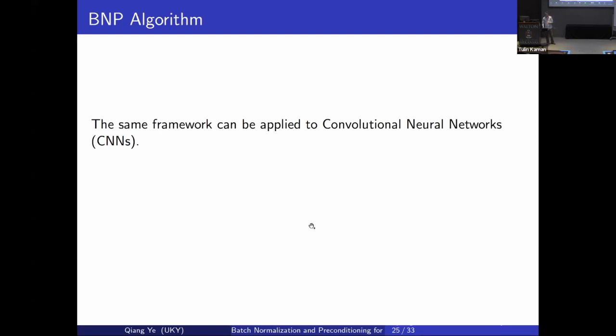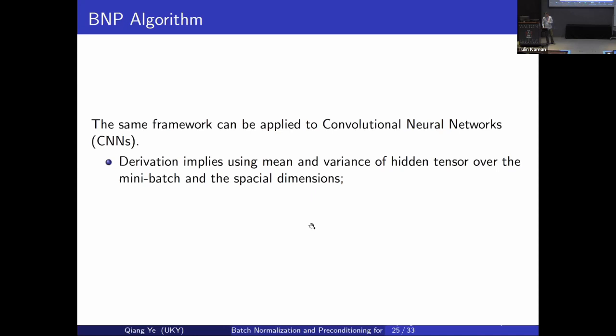This framework can be applied to other kinds of architectures, for example convolutional neural networks. If you apply this derivation, it turns out that the mean and variance need to be slightly different, because the H hat matrix for a convolutional network is based on different activations.